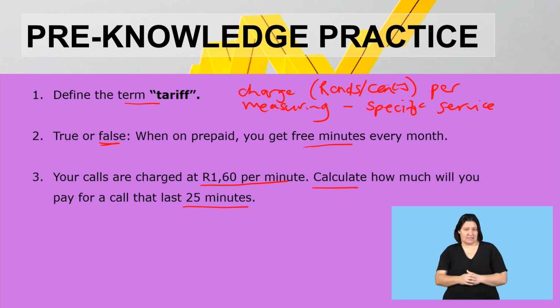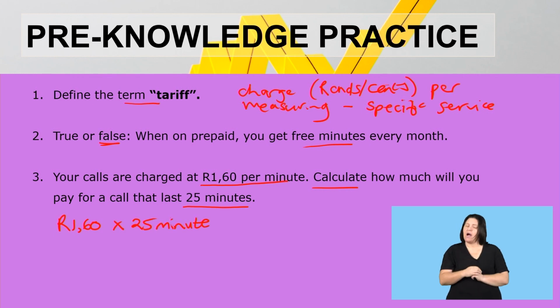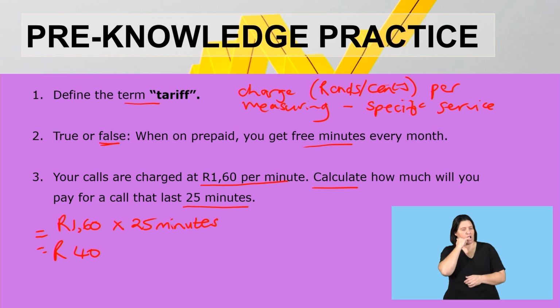Therefore, I'll take the 160 and multiply that by the 25 minutes. So we'll say 160 cents multiplied by 25 minutes. In this case, you'll have to pay 40 rand for spending 25 minutes on your cell phone. Can you see that was actually quite straightforward, and I'm sure you got all the answers correct.